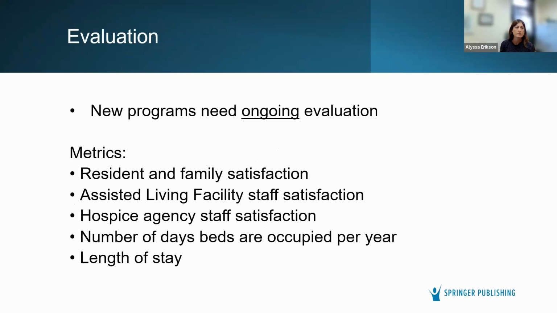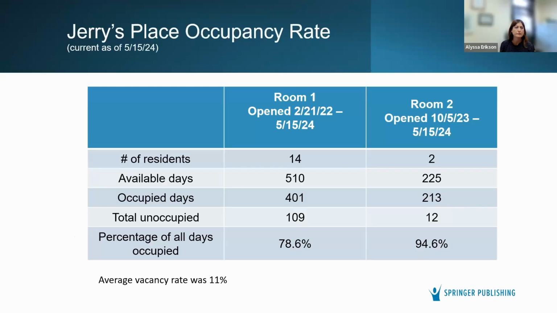So any program, especially new ones, needs ongoing evaluation. So we've identified these metrics so far to track and address where we're at, looking at satisfaction from stakeholders, the number of days the beds are occupied, and how long a resident stays.